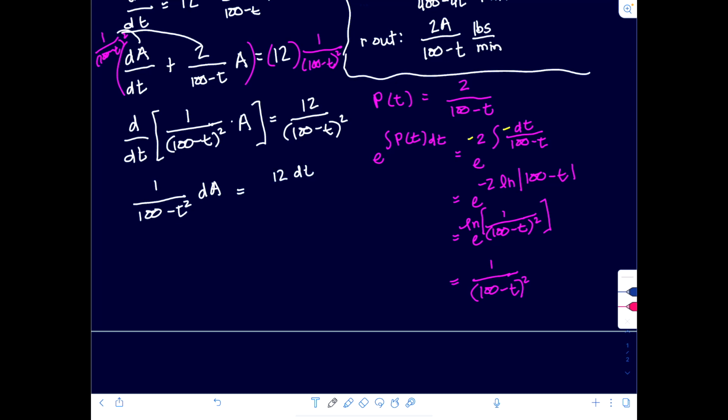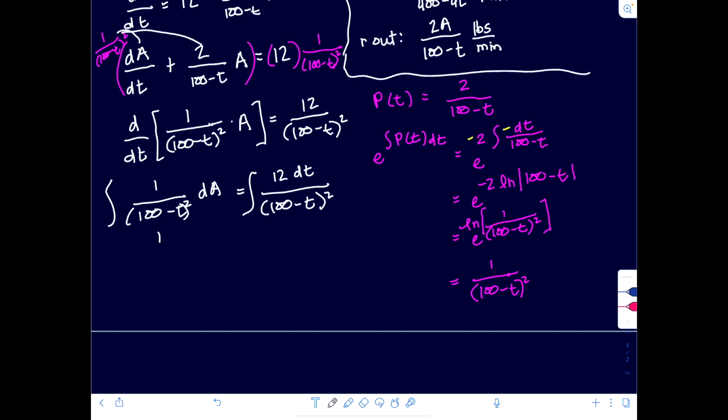And sorry, there's parentheses around this one too. I misspoke. So I have to integrate both sides. So the left side I'm integrating with respect to A. So I'm just going to get 1 over quantity 100 minus t squared times A on the left side.